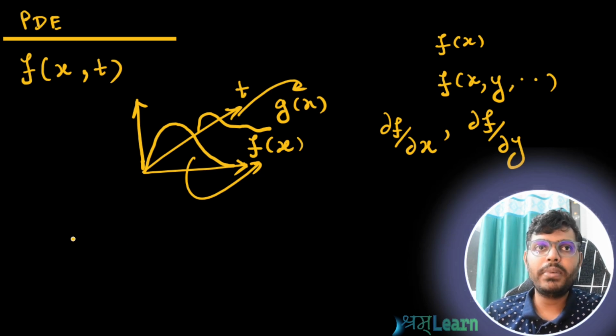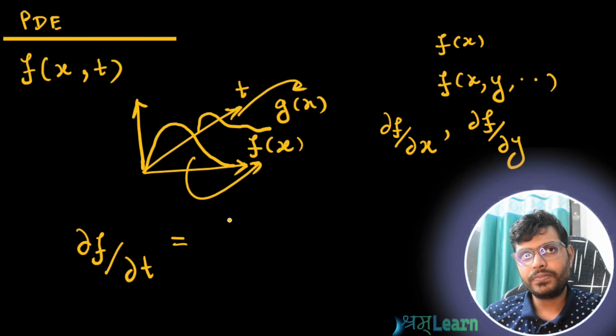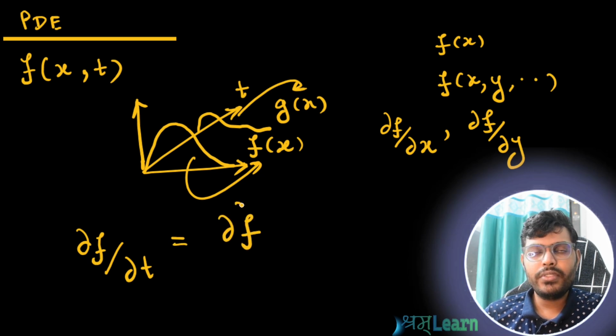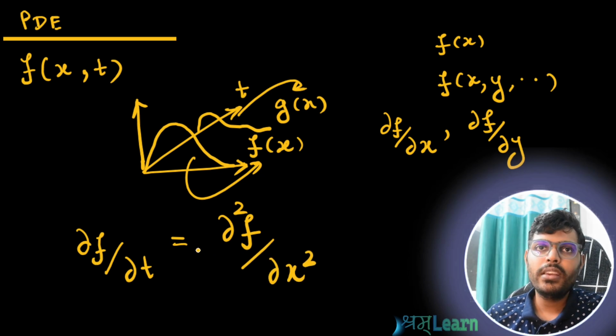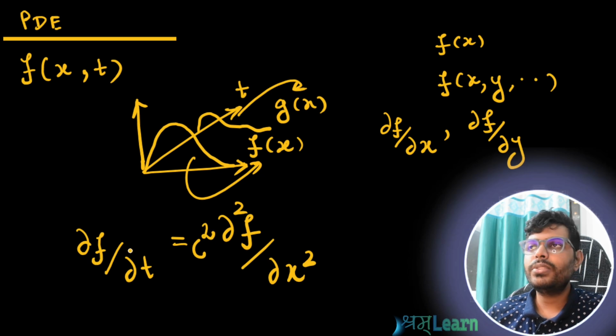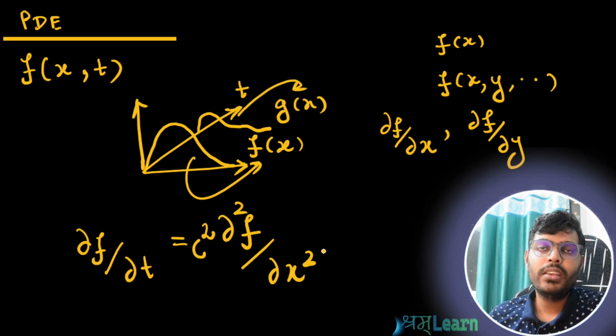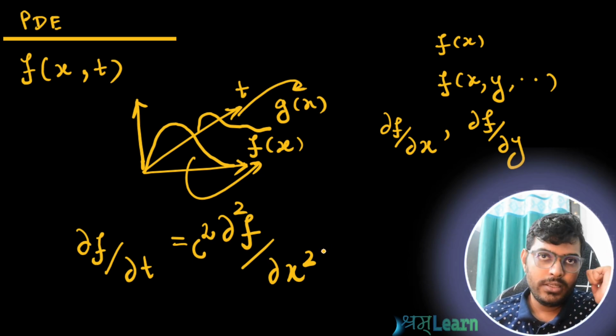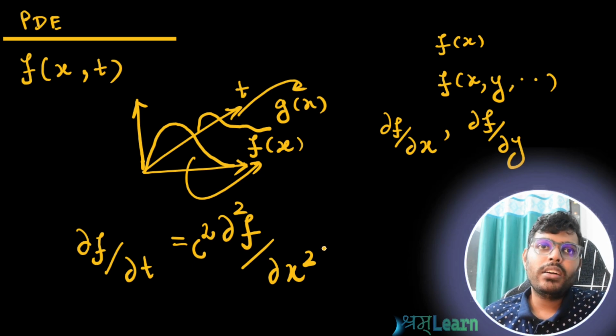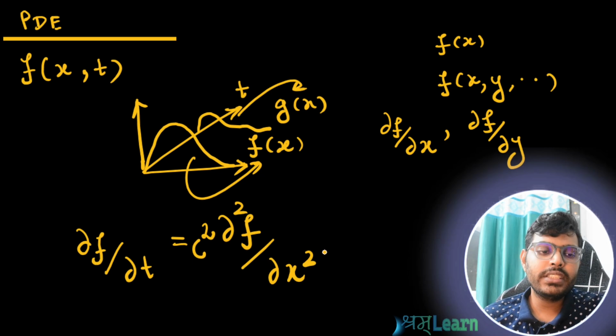So if I have a partial differential equation like dou f by dou t equals dou square f by dou x square, let this be my differential equation. What it is saying is that the curvature of the function f is nothing but the function f's derivative with respect to t.